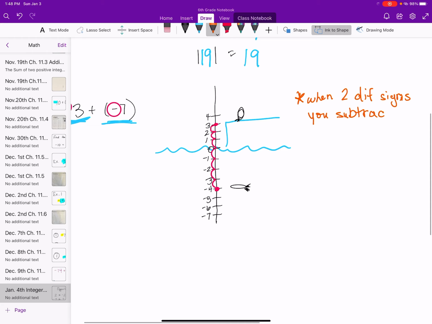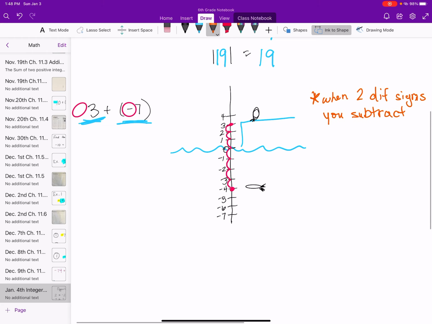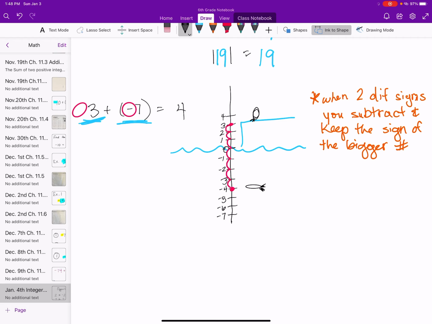So 7 minus 3 is 4. And then we keep the sign of the bigger number, which is 7. And in front of the 7 is a negative. So it is a negative 4.